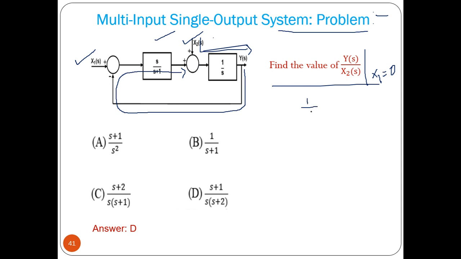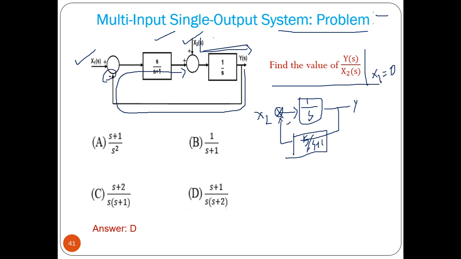So what we will have, 1 by s, here we will have X2, here we have Y, and a feedback path whose block is s divided by s plus 1 with a negative sign, where X1(s) equal to 0.